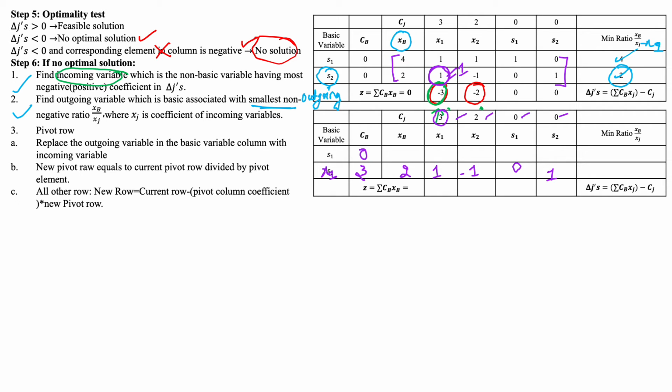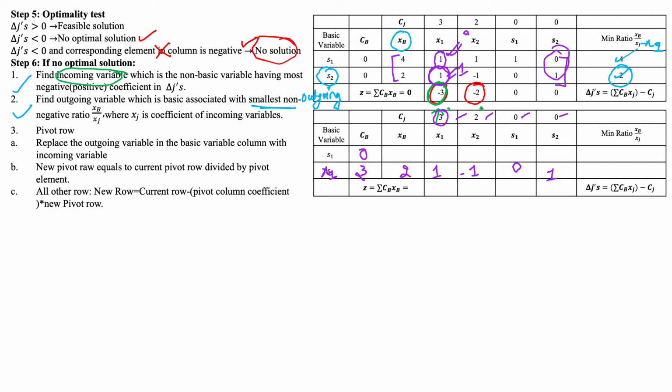Next, all other elements in the pivot column I have to make 0, because I want this column to be identical to the outgoing variable's column, that is 0, 1.